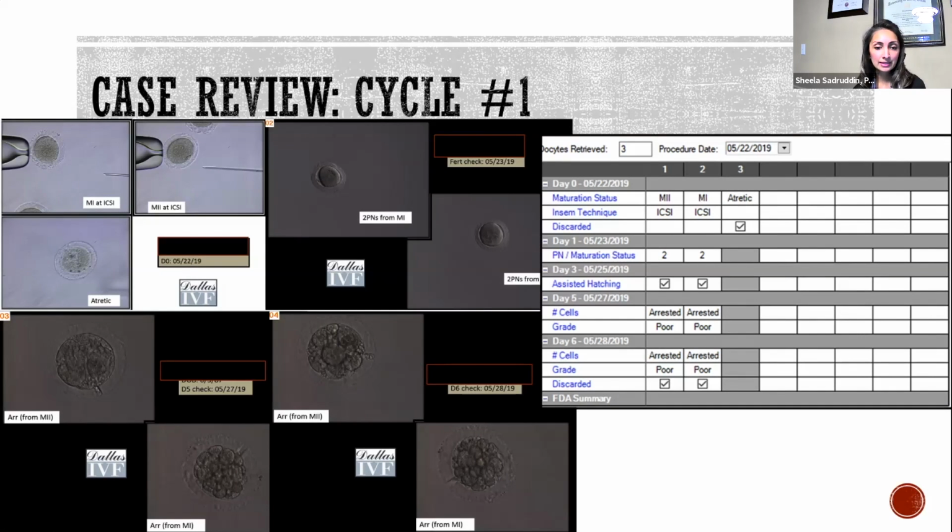And so it did. The next day we noticed that we had 2 oocytes that fertilized normally. However, they failed to divide. They arrested at the cleavage stage, and this was an unexplained case.